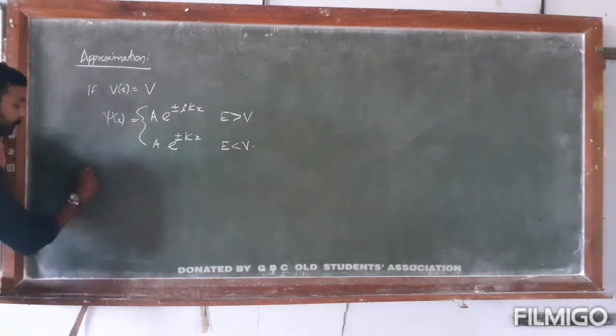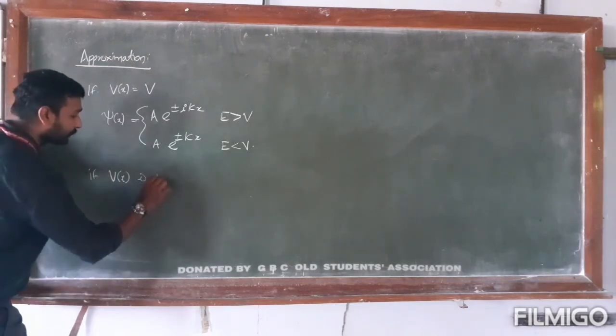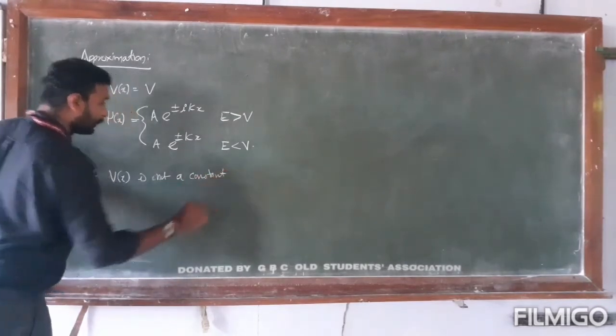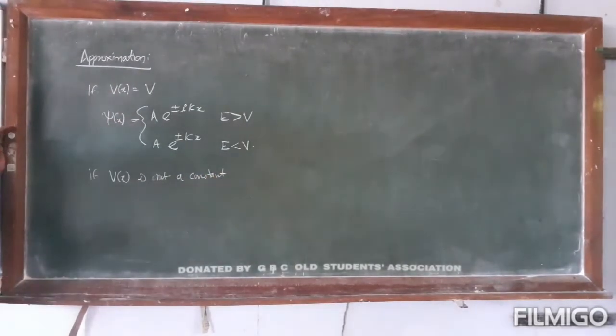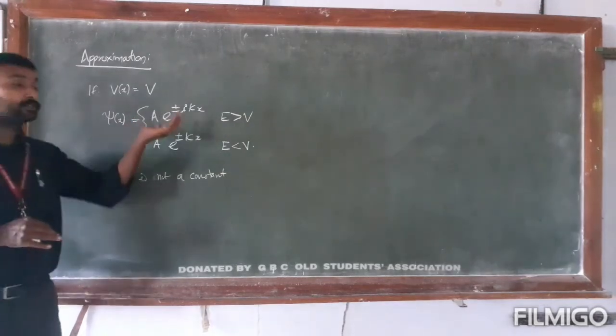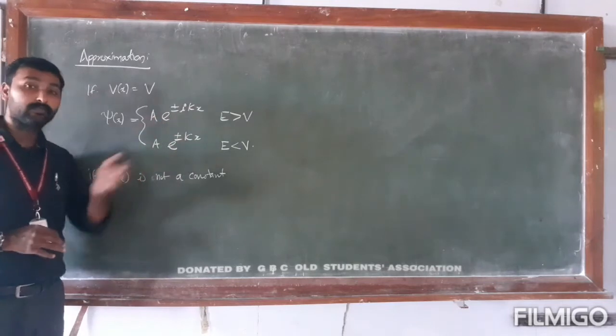Now what happens if the potential is not a constant? If V of x is not a constant, then I cannot use this equation directly. I cannot have the wave function of this form.